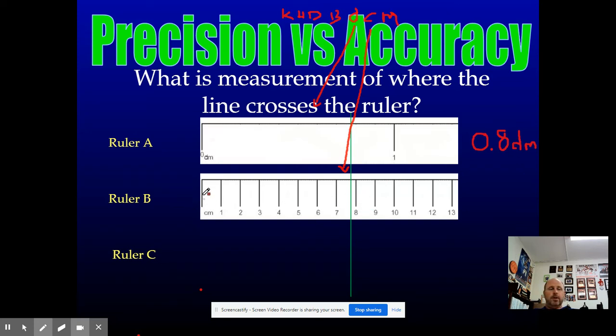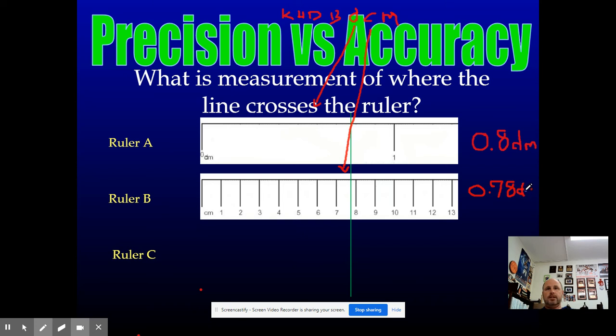You can see here 0 decimeters, this is 1 decimeter. So this is not quite 8 decimeters here. It's going to be 0.7, and then I've got to approximate how much between the 7 and the 8 it is. Let's call it, and we can argue about this last number, 0.78 decimeters.